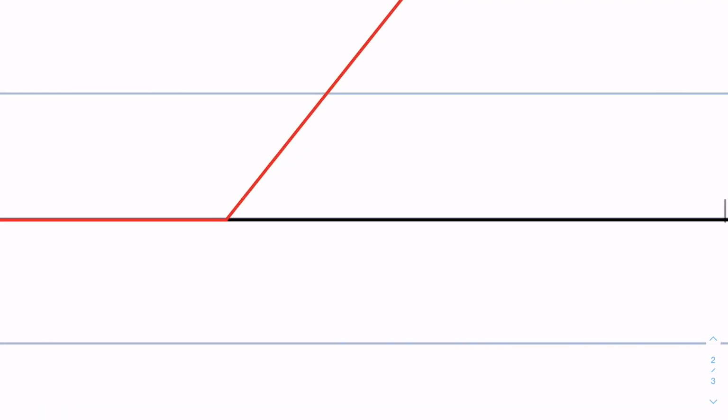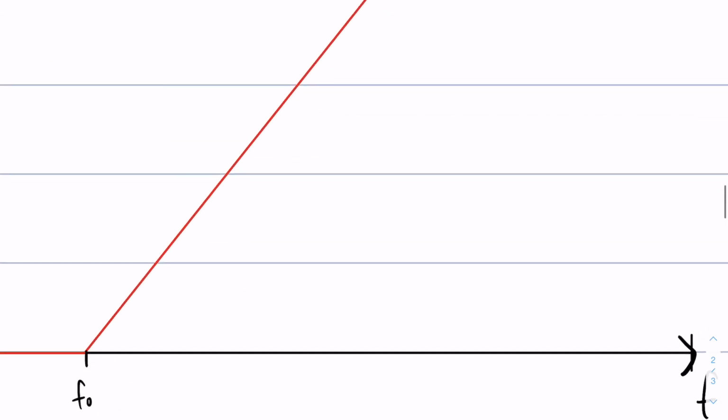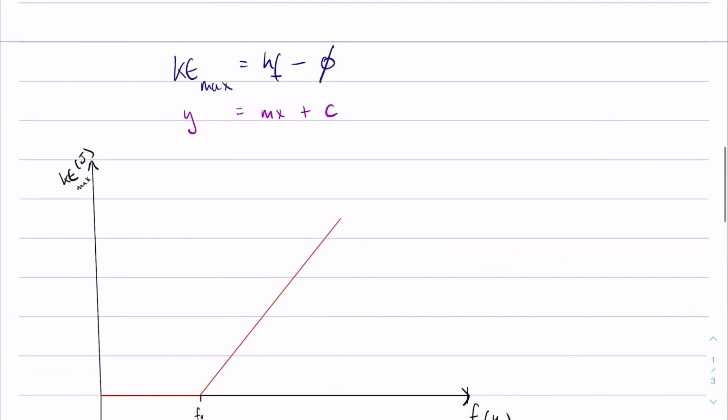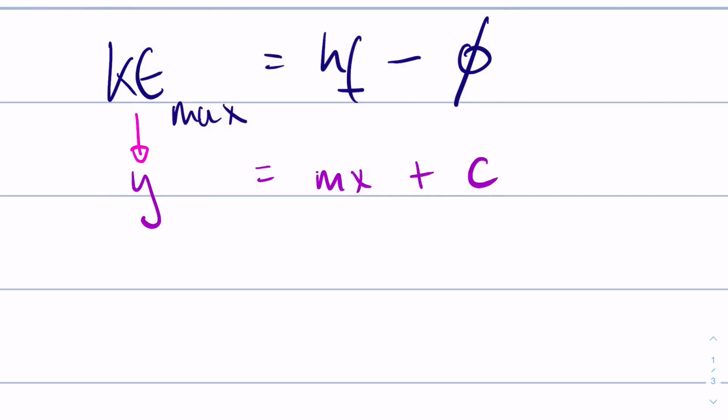And so here on my graph will be f0, i.e. the threshold frequency. And the gradient of this graph, let's match these up to make it super clear. That's y. x is my frequency I've put on the x-axis.